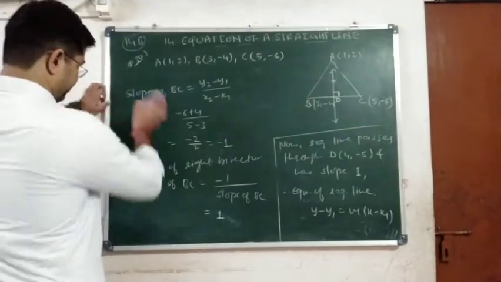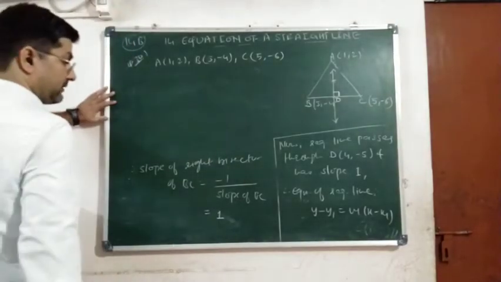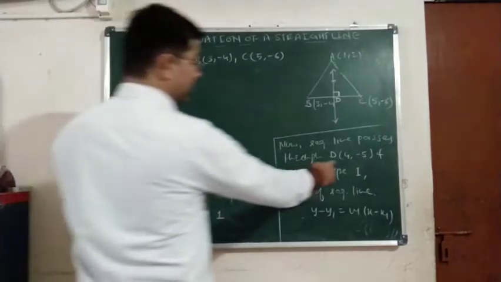Here x1, y1 are the coordinates of point D.